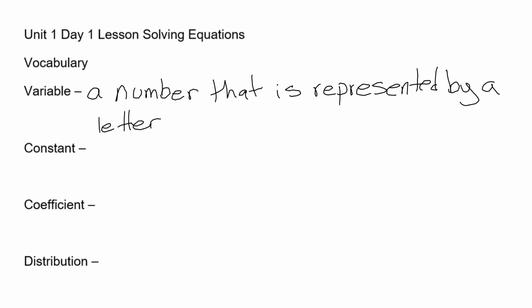Or you can say it's a letter that represents a number. It's a letter that you put in an equation in place of a number.